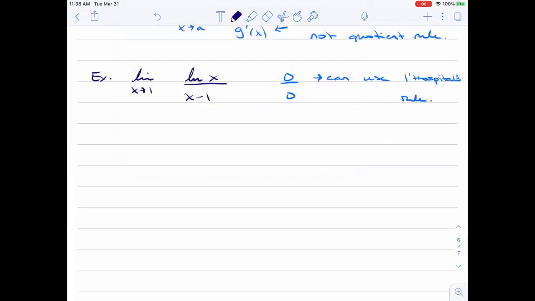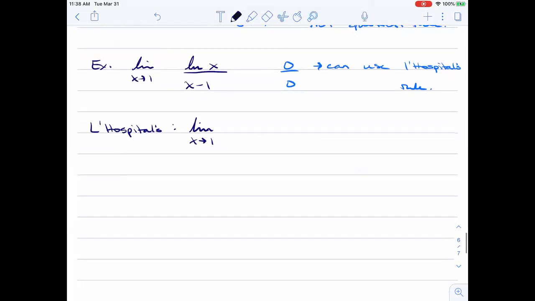So what I'm going to do is I'll say here, L'Hopital's rule says that I can rewrite the limit as x approaches 1 of the derivative of the top, the derivative of the natural log of x, which is 1 over x, over the derivative of x minus 1, which is just 1.